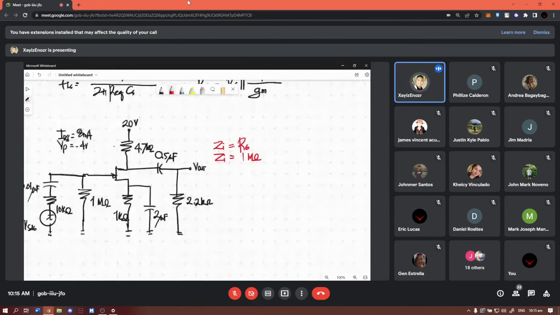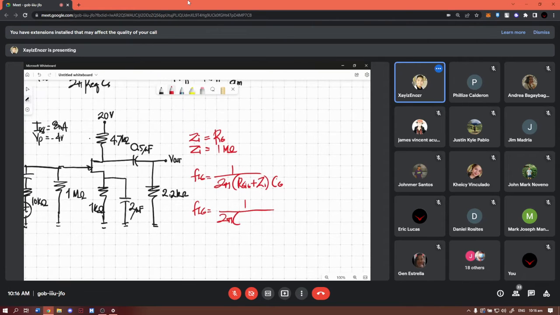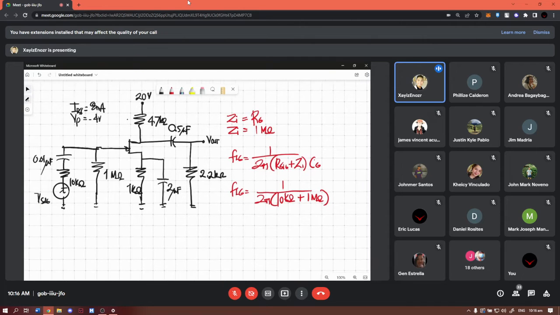So we can now determine FLG. FLG = 1 over 2 pi multiplied by (Rsig plus Zin) multiplied by CG, which is equal to 1 over 2 pi. Our Rsig here is 10K, Zin is 1 megaohm, and CG is 0.01 microfarad.